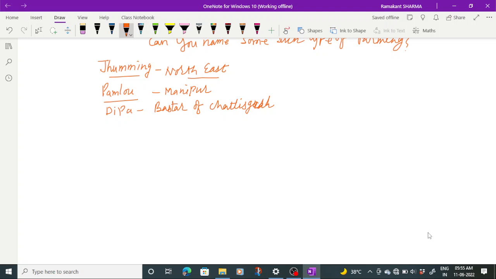Then it is called by some other names in different parts of the world also. It is called Milpa in Mexico and Central America.